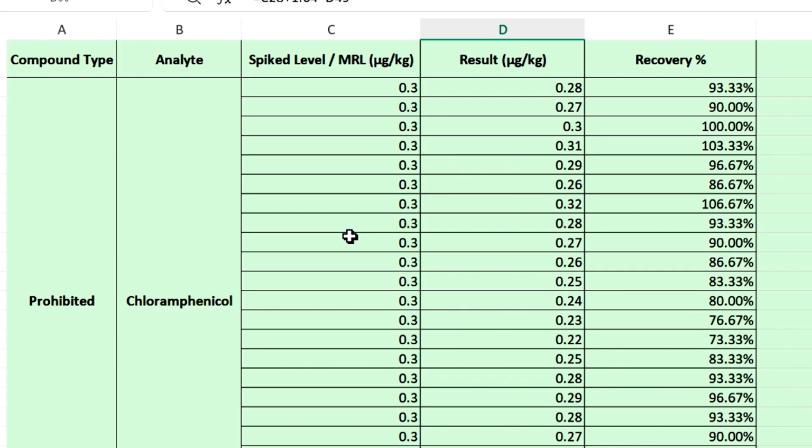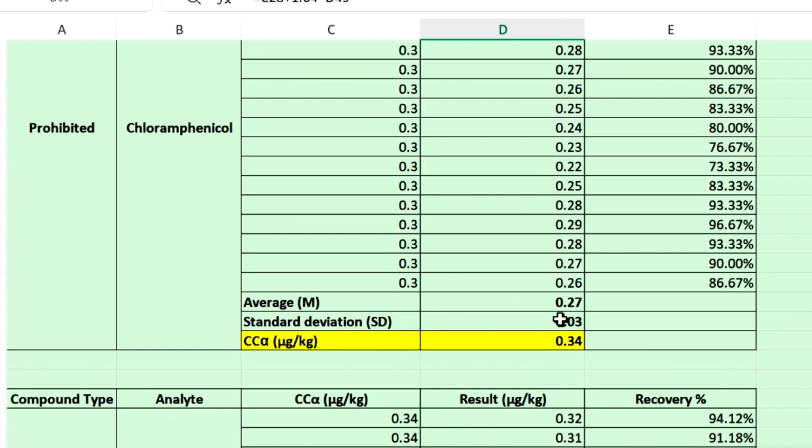As you can see in this Excel sheet, for this prohibited compound, chloramphenicol, I spiked the sample with 0.3 microgram per kilogram for 20 samples. I got these results. Then I calculated recovery, which should be accepted for all of them. Then you calculate the average and standard deviation.